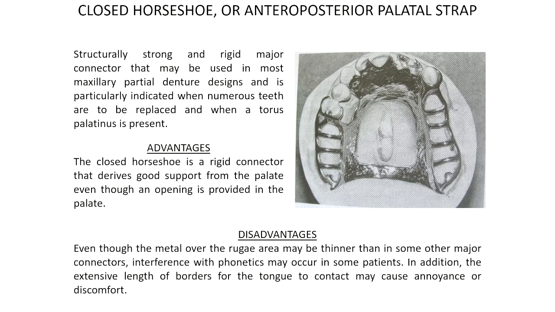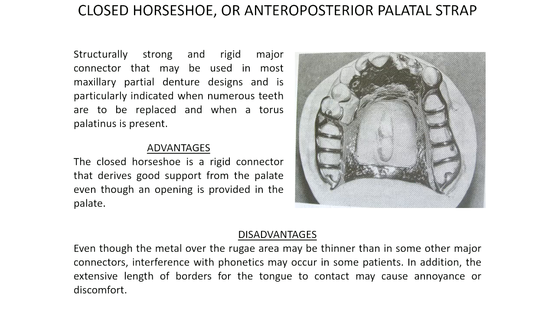Now the advantage of using a closed horseshoe is that, as it is a rigid connector, it derives good support from the palate, and even though there is an opening in between the palatal space, it provides much greater support from the palate.